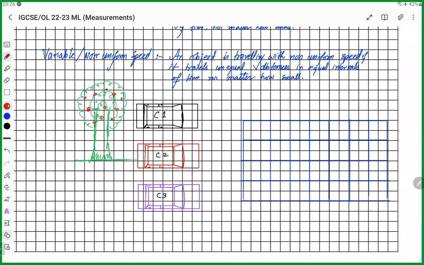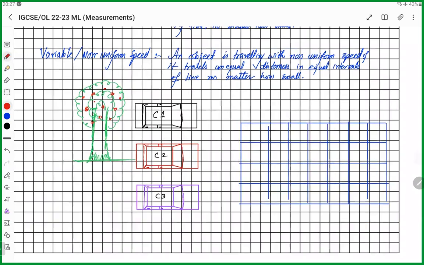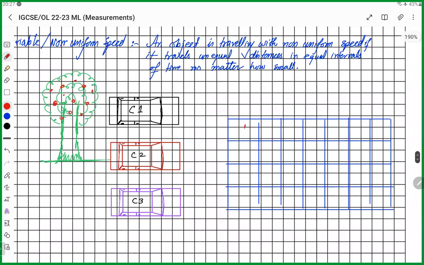This is the table. This is time in seconds: 0, 1, 2, 3, 4, 5. Distance for car number 1 in meters, distance for car number 2 in meters, and distance for car number 3 in meters.